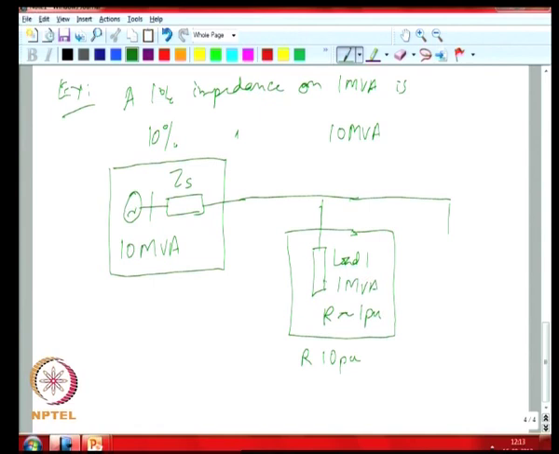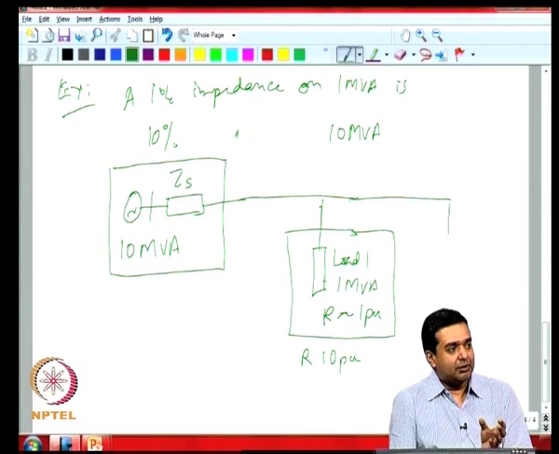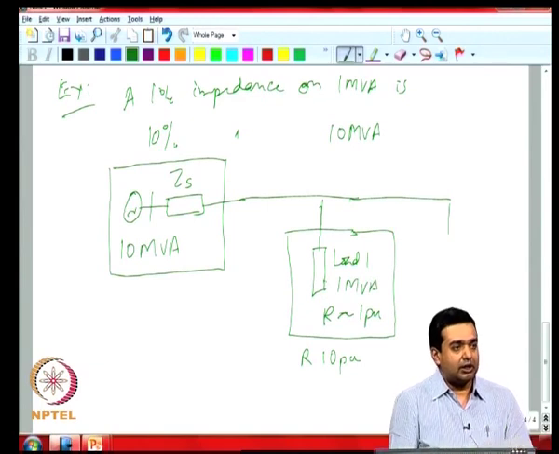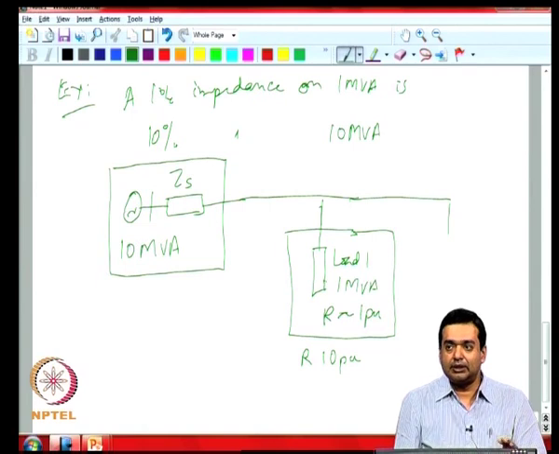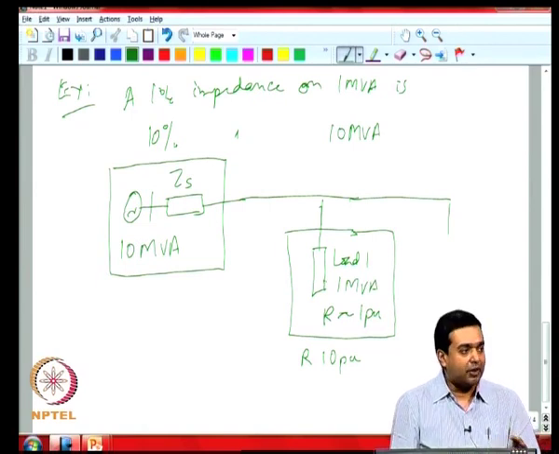So, essentially what it means is that small individual loads become seen as smaller and smaller entities, which is the reason why you might lump a lot of loads together and see it as a single PQ load at the consumption point, rather than look at individual loads when you are looking at larger and larger systems to which they are connected.